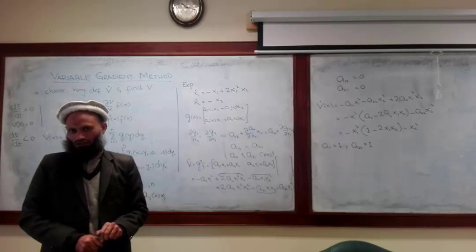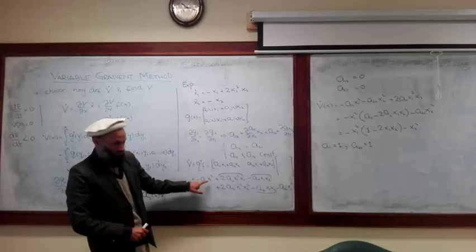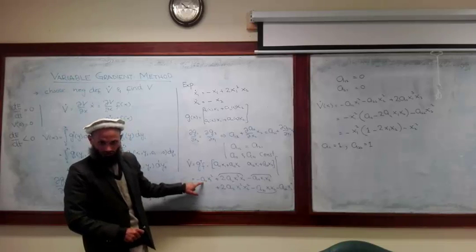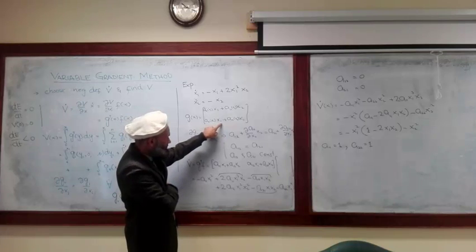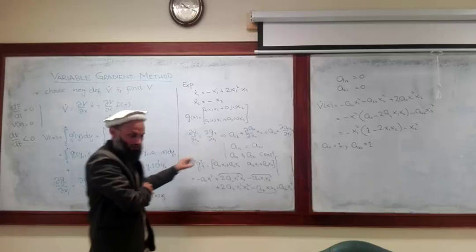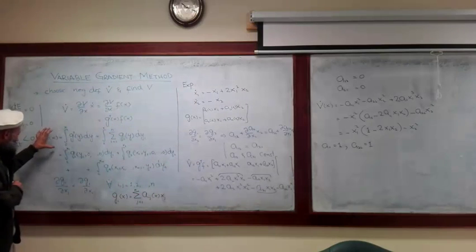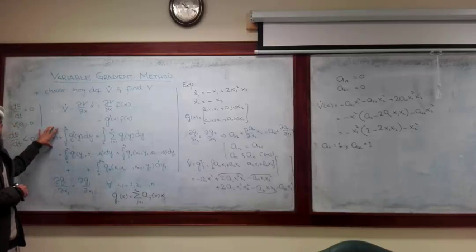However, if we had put this A11 to be equal to 0, A21 is already taken to be 0, so x1 will disappear. So if x1 disappears, then V of x will not be a function of x1. That will not be an appropriate Lyapunov candidate function.